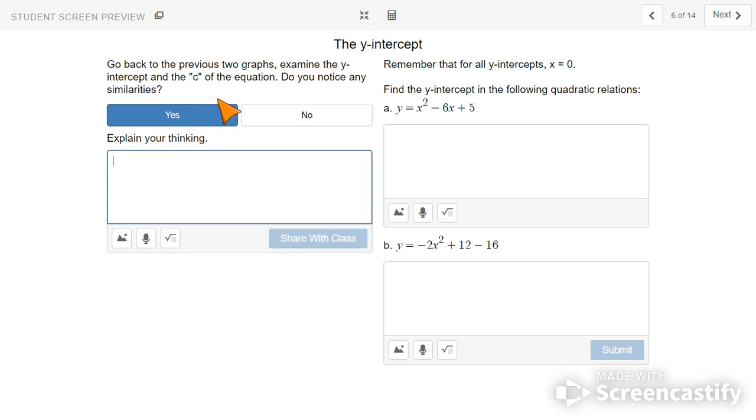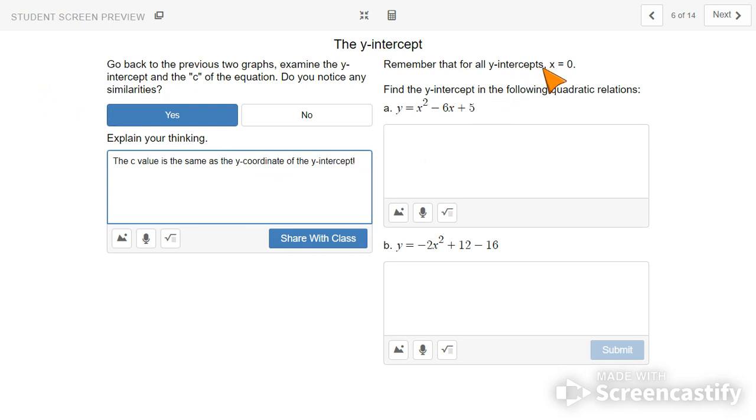You've noticed that the similarity is that the c value is the y-intercept. So why is that? It's not a coincidence.